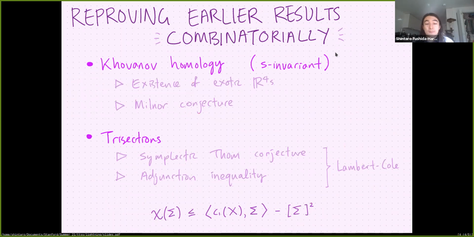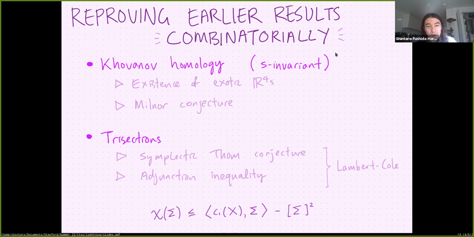More recently, Peter Lambert-Cole used trisections to reprove the symplectic Thom conjecture and something called the adjunction inequality. In the adjunction inequality, we have some embedded surface sigma in a symplectic four manifold, and we can bound its genus in terms of the first Chern class of the manifold and the homology class of the surface sigma.